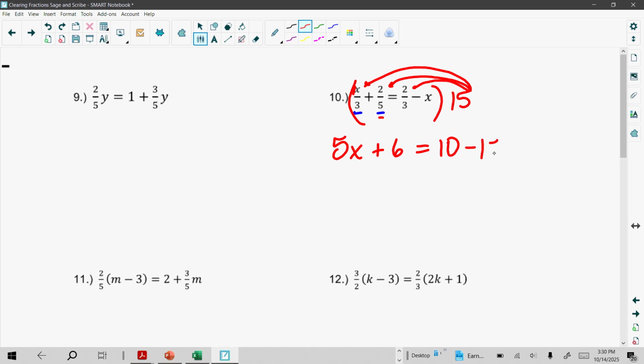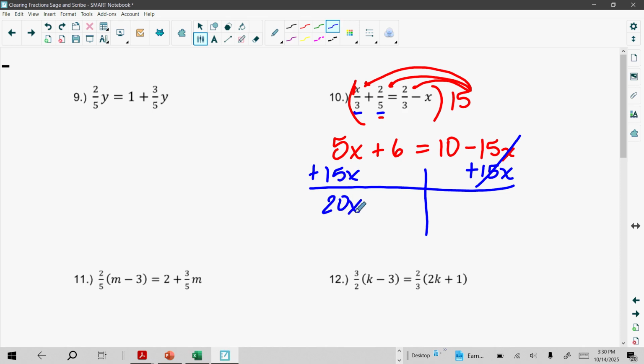And then minus 15x. So now we need to start with our smallest variable, which is our negative 15x here. If I do the opposite to cancel that smallest variable, so plus 15x, we get 20x plus 6 equals 10.